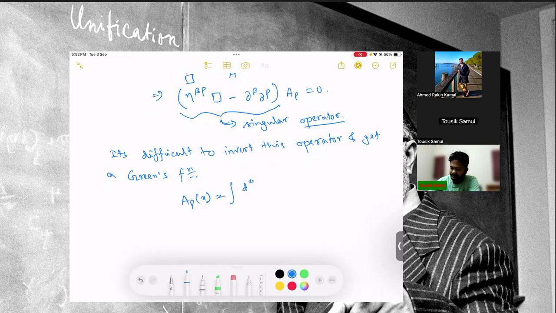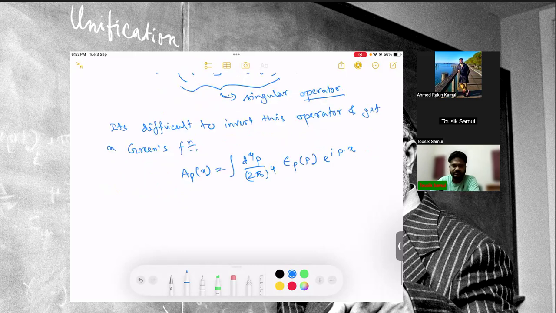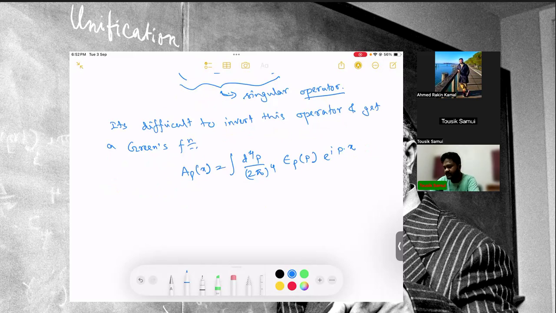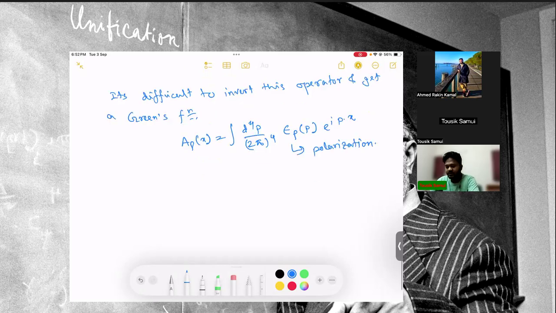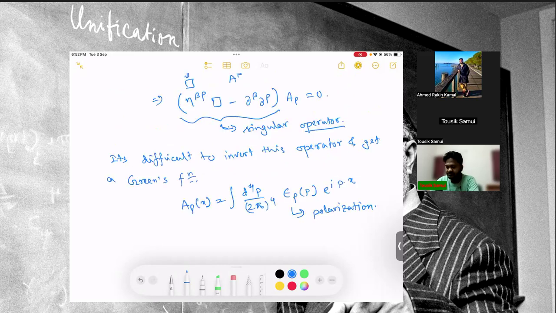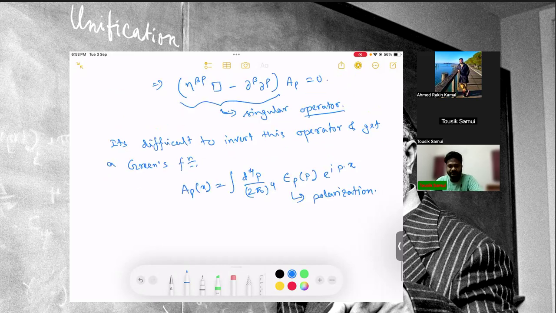Let's say we write this in the Fourier mode as epsilon rho e to the i p dot x. This is a typical solution of this equation, where we have already introduced that epsilon is nothing but the polarization vector. Now if we calculate this operator, all the derivatives will basically become the momentum.